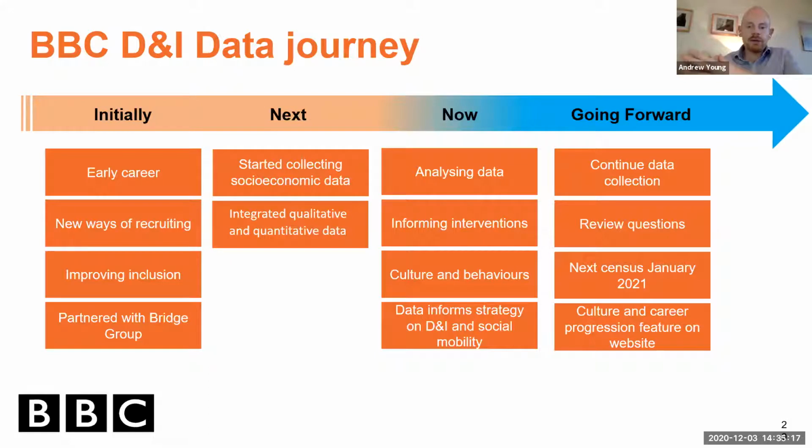But that is only about 60% of our staff we have that data for. As I said, it's growing all the time, very slightly as people leave and join the organisation, but we will be asking those questions again of all our existing staff soon.